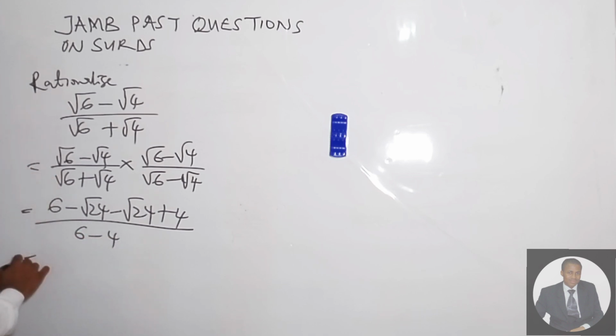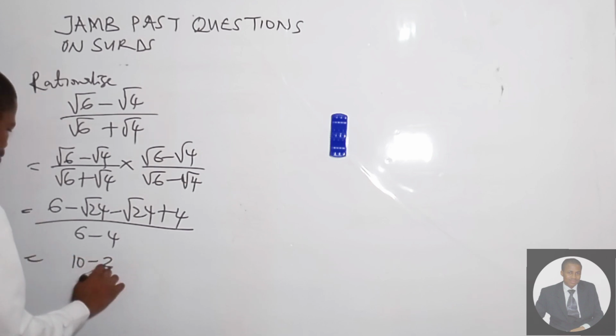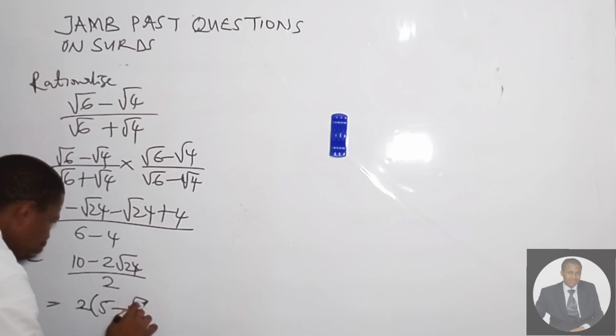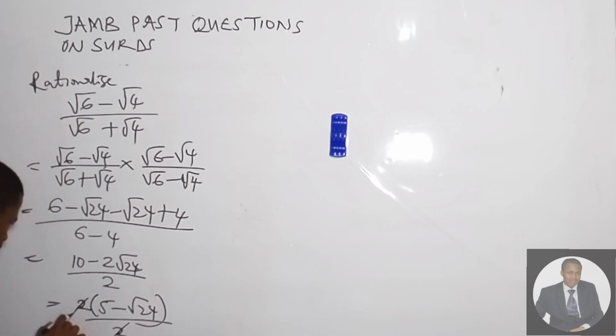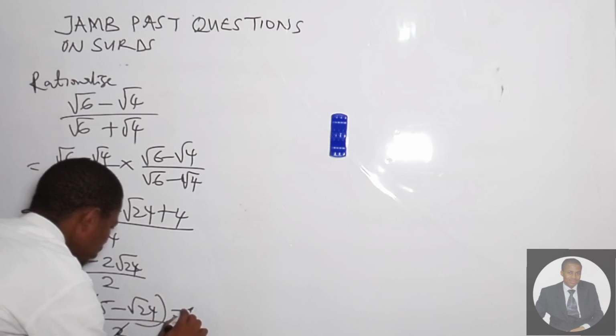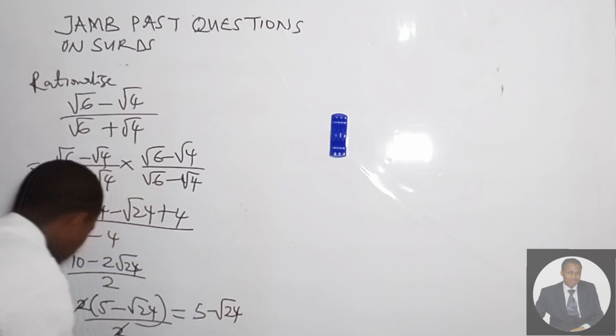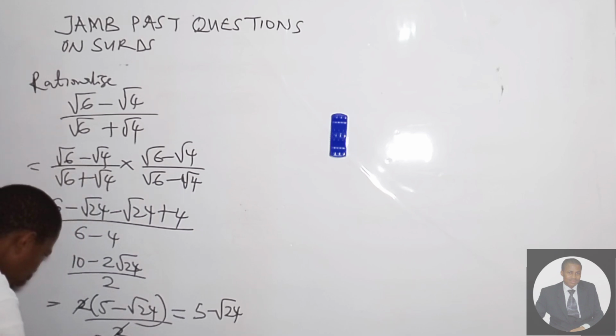So what do we have here? 4 plus 6, 10. That's 10 minus 2 root 24 over 2. When we look at the commonality, we have 2 into 5 minus root 24 over 2. So our final answer will be 5 minus root 24.